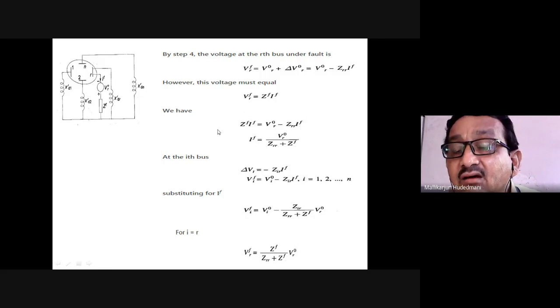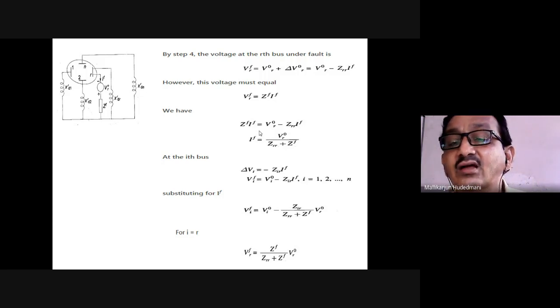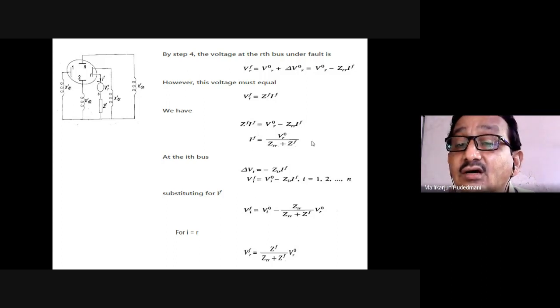I take ZRR to the LHS and take IF common. When I take IF common, ZF plus ZRR becomes the coefficient, which I push to the denominator. That becomes IF equal to VR initial divided by ZRR plus ZF, the impedance with which the fault likely occurred. Therefore, this is the fault current at the rth bus.